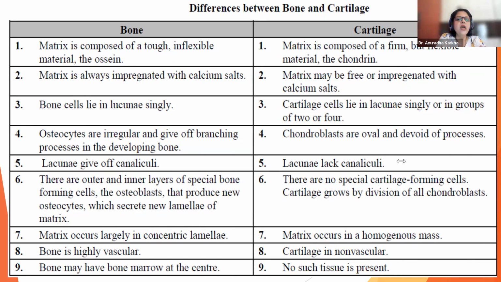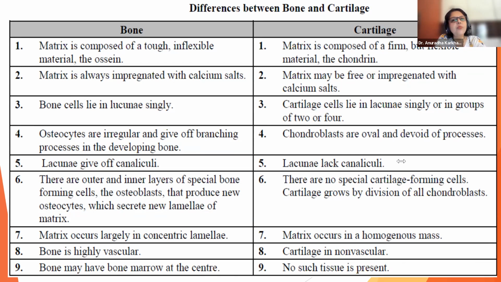Okay. There are outer and inner layers of special bone-forming cells, the osteoblasts, that produce new osteocytes which secrete new lamellae of the matrix. There are no special cartilage-forming cells. Cartilage grows by division of chondroblasts. Bone matrix occurs largely in concentric lamellae.